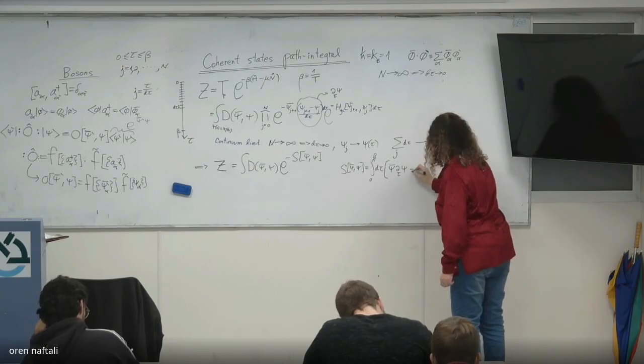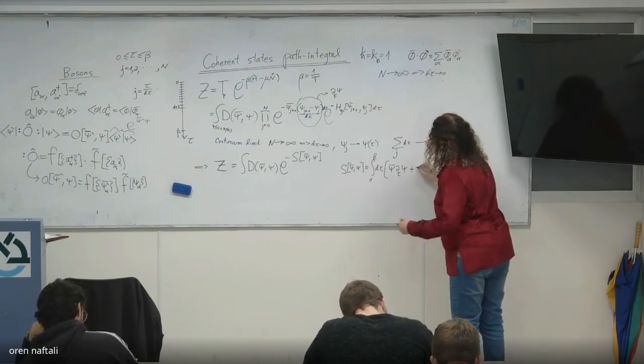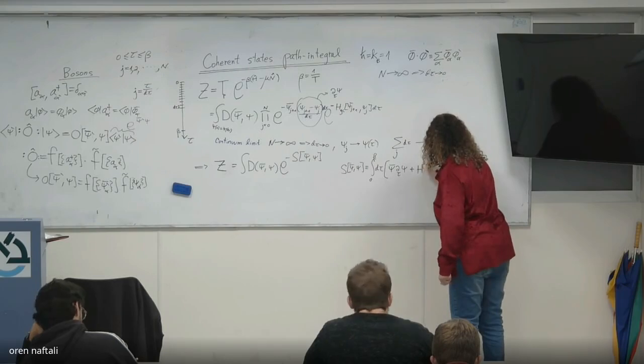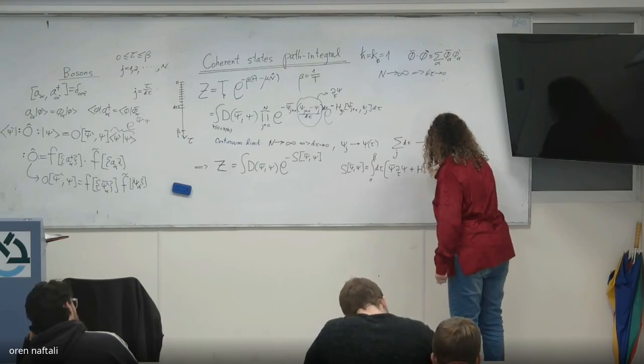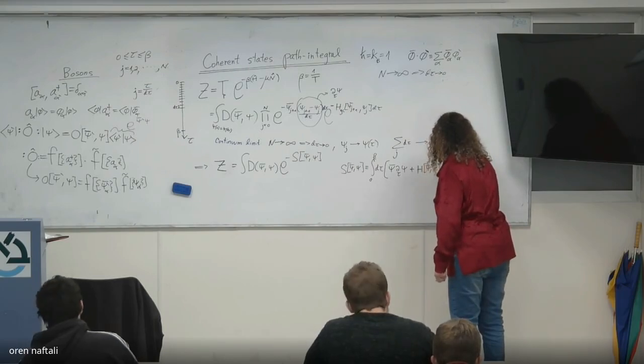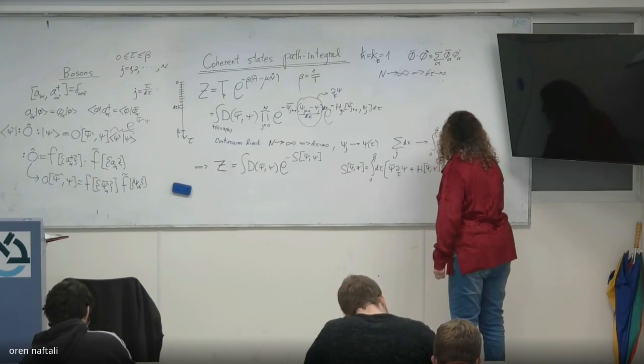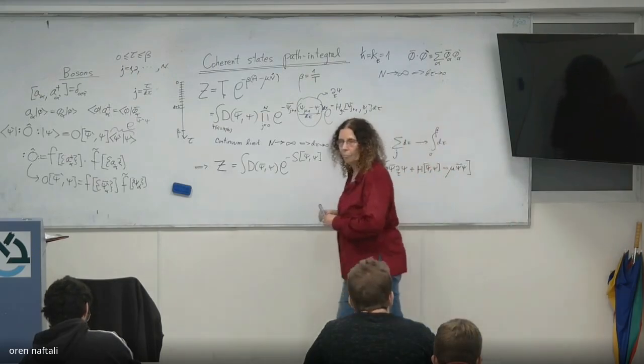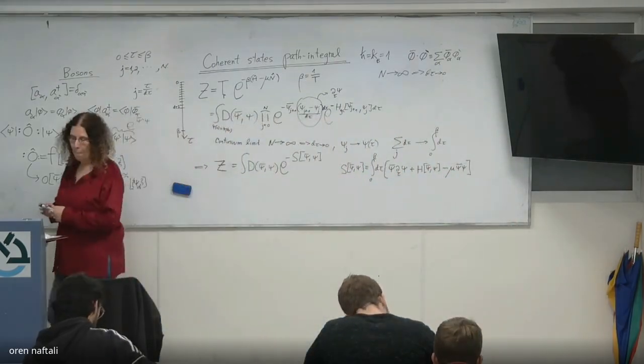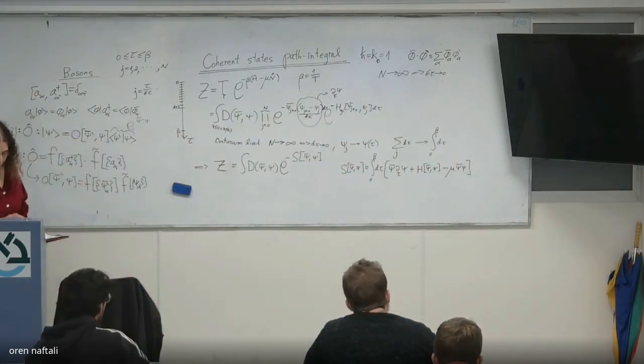Plus H grand canonical, which now let me write more explicitly, minus mu psi bar psi. Okay, this is what it is.